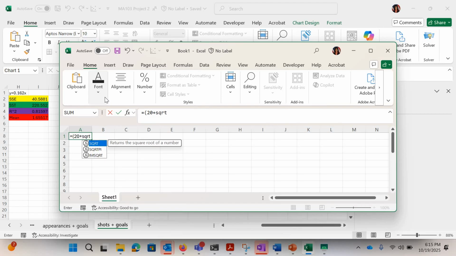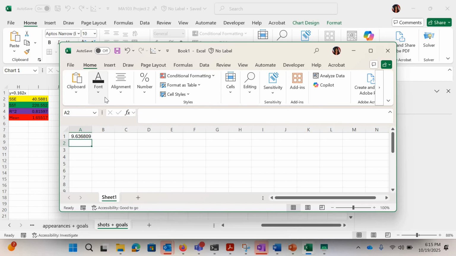Square root of, you can type this out on your calculator. And it says p is about 9.6.